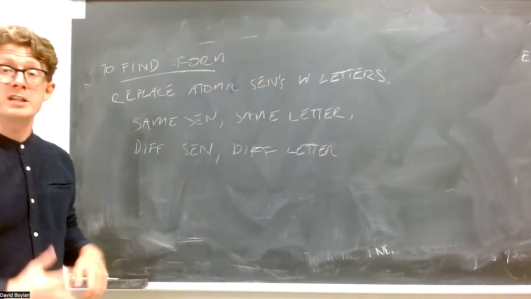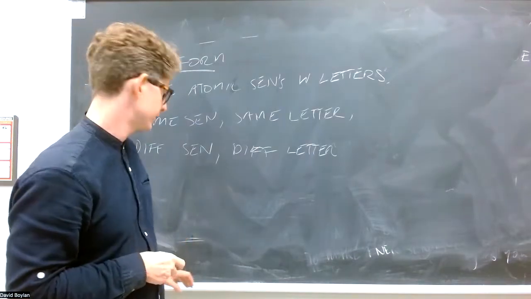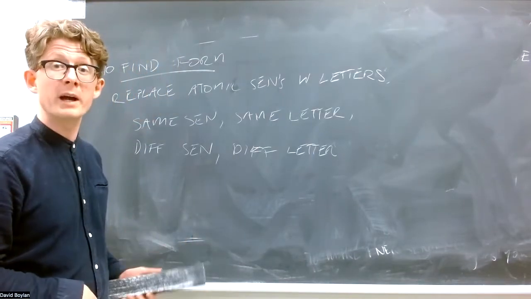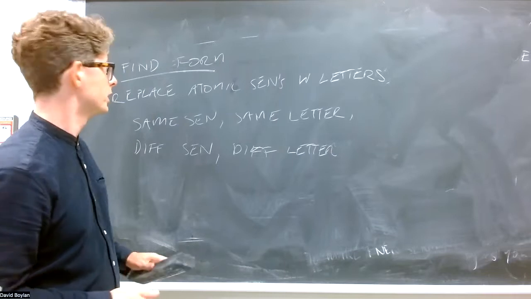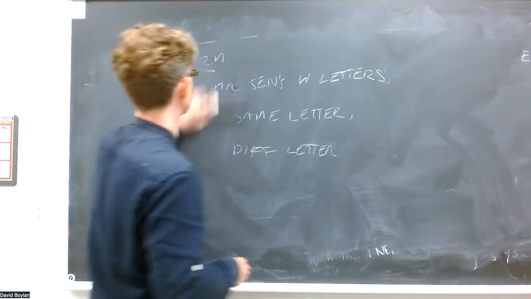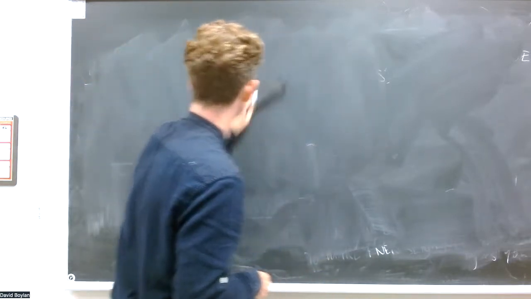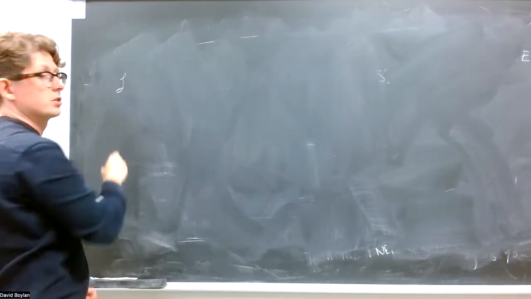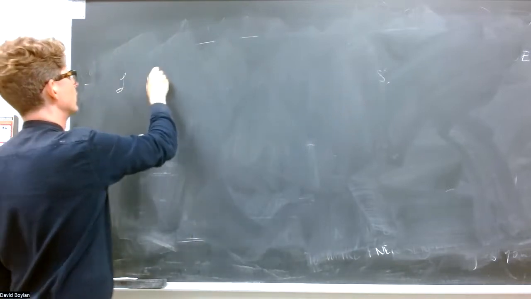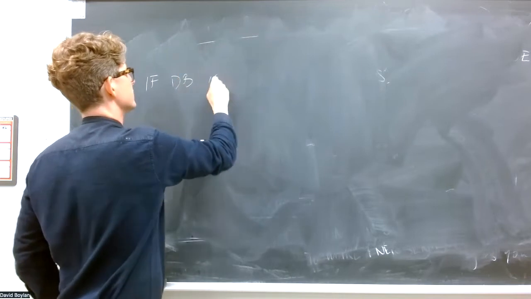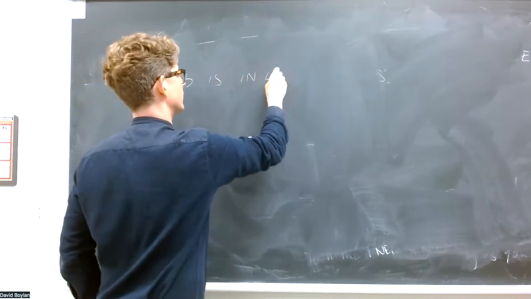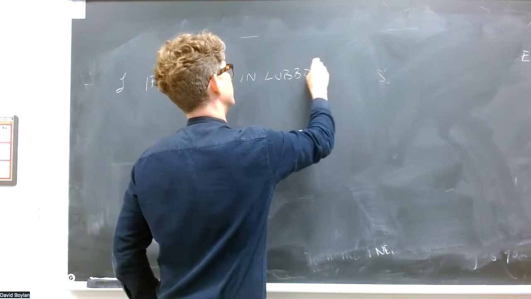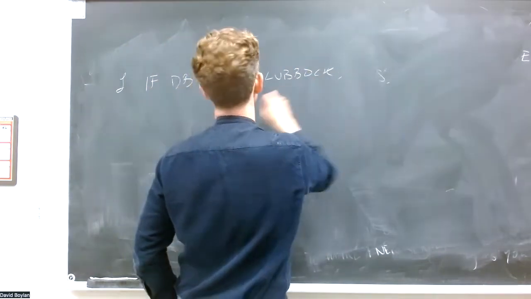Okay, so that's the procedure. It's pretty simple. Let's see this in action. So I'm going to go back to one of the arguments we saw in one of the earlier videos. So the one about me in Lubbock. If David Boylan is in Lubbock, he's in Texas.